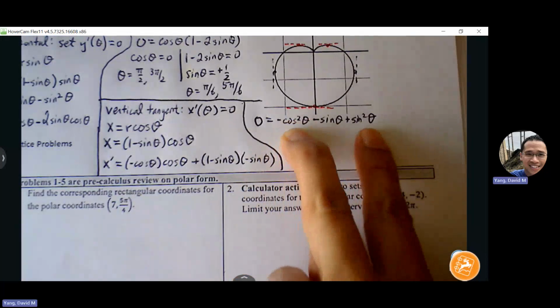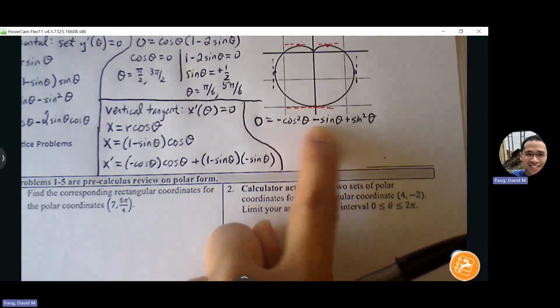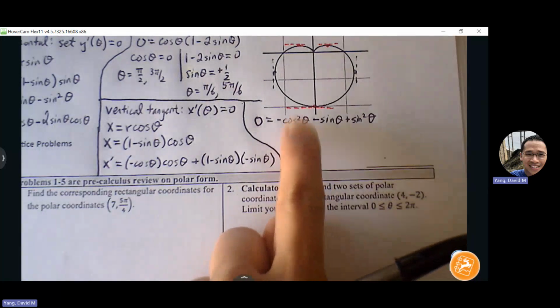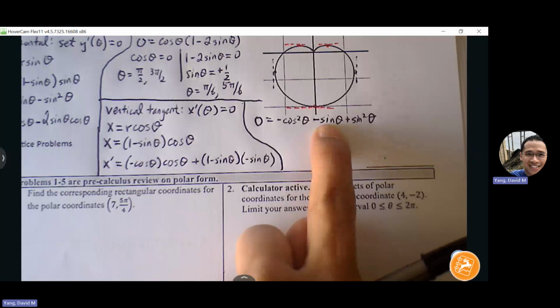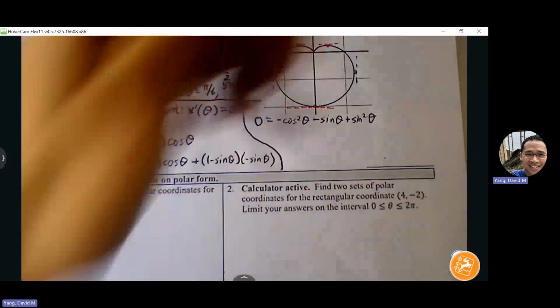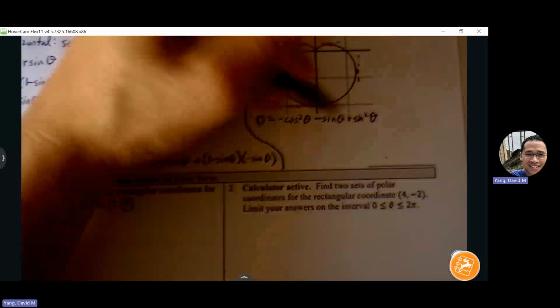Can't quite use Pythagorean identity here, but what I can do is make everything into one trig function and then maybe look for factoring. So looks like I'm going to just work with that cosine squared. These two are already in terms of sine. I'm going to get this in terms of sine as well. We know that sine squared plus cosine squared is 1. So if I rearrange that, cosine squared is just 1 minus sine squared, right?